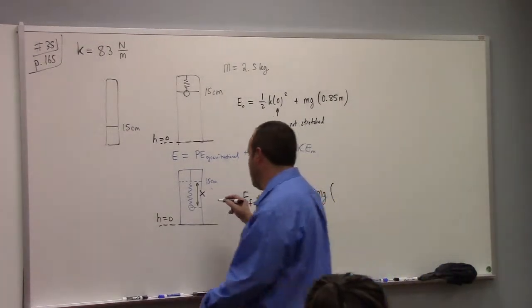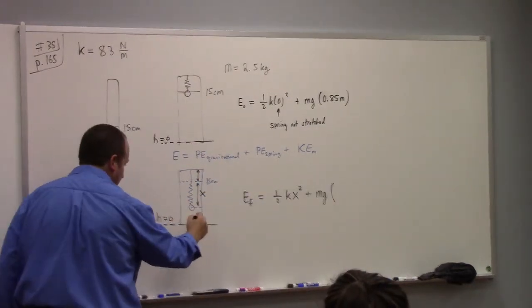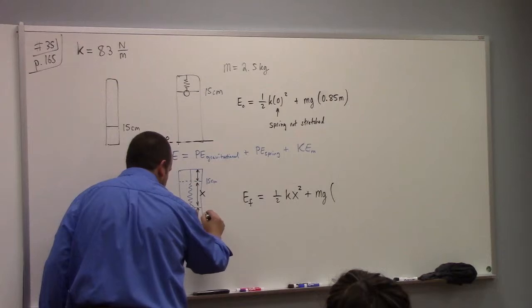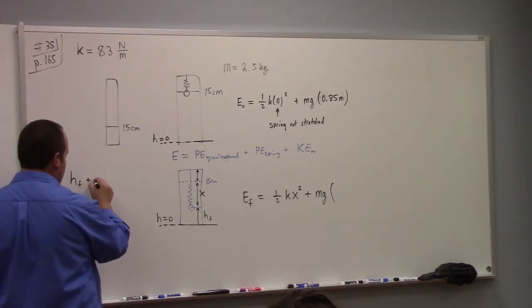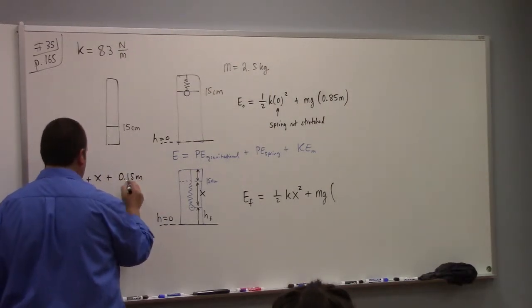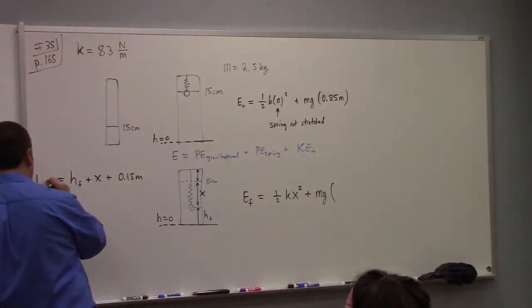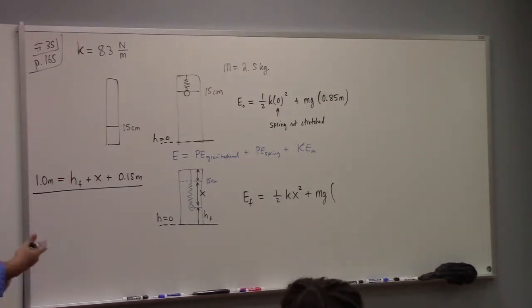Now we gotta think a little bit here, right? So this down here is hf. So what we have is the final h plus x plus 0.15 meters. This is equal to what? The length of the meter stick, right? So this is the relation between the distance that the spring stretches and the distance from the base of the meter stick.